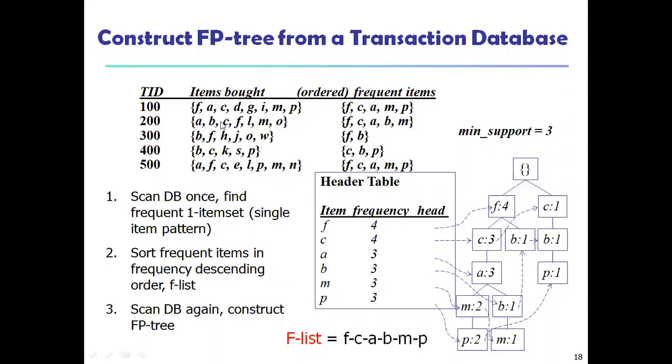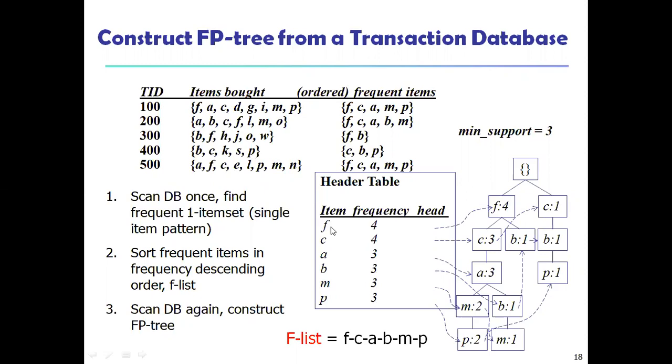The next one, if you take C, here 1, 2, 3 and 4. The reason why it has been placed second instead of F or A is that they first take all the support counts, and the item having the highest value is recorded first, according to that.